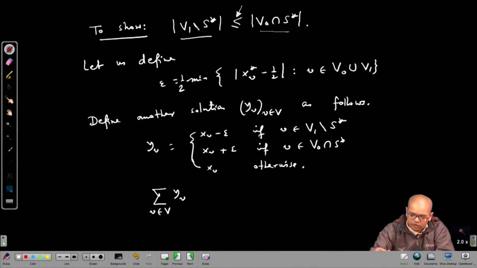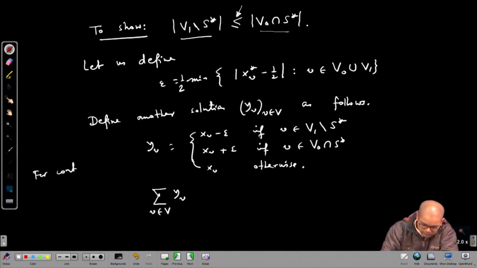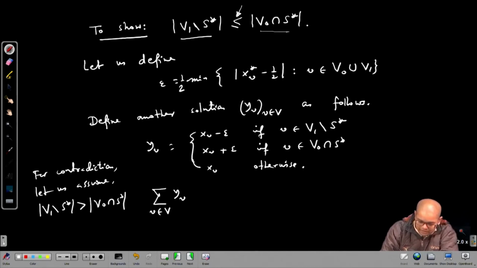Okay, and it's a proof by contradiction. So for contradiction, let us assume that the size of V1 minus A star is strictly more than V0 intersection A star. Now under this assumption, we will show that y has less value.